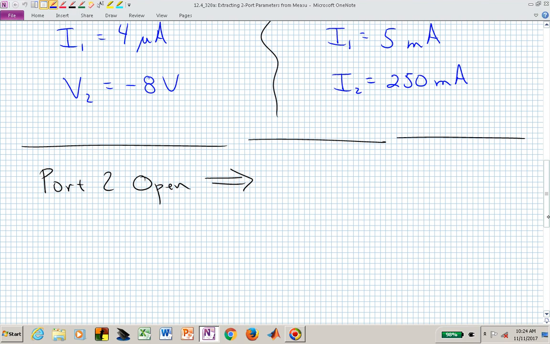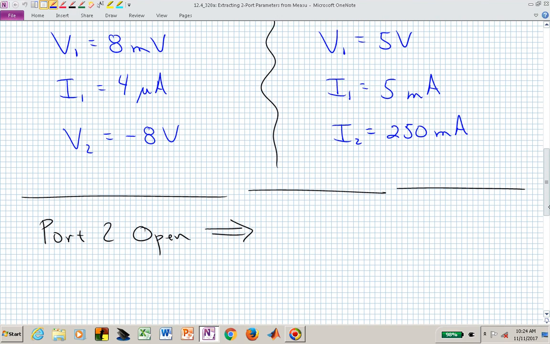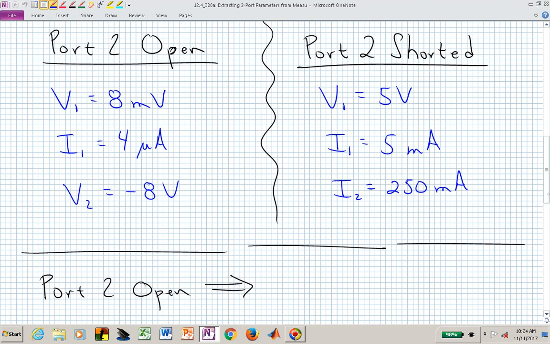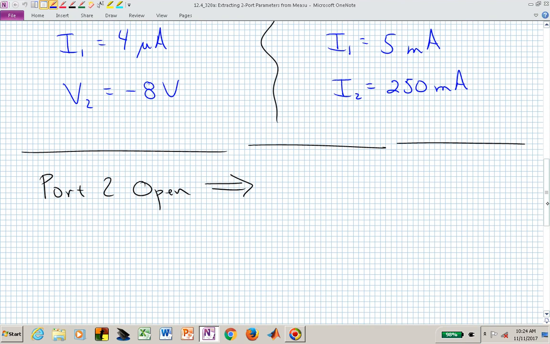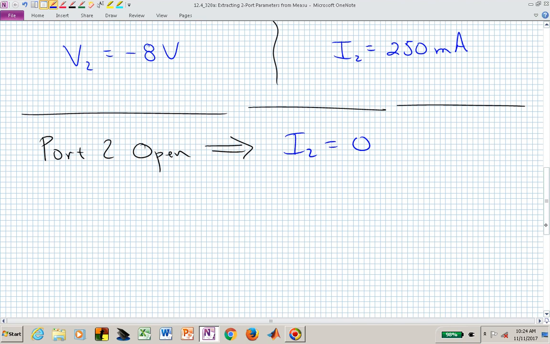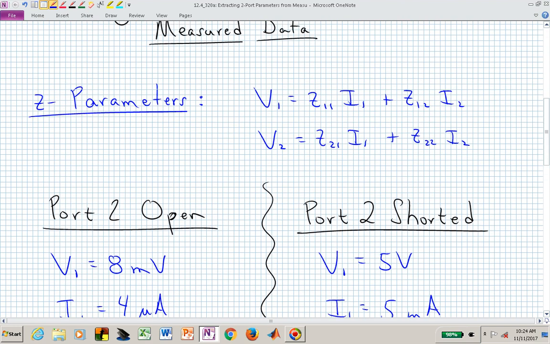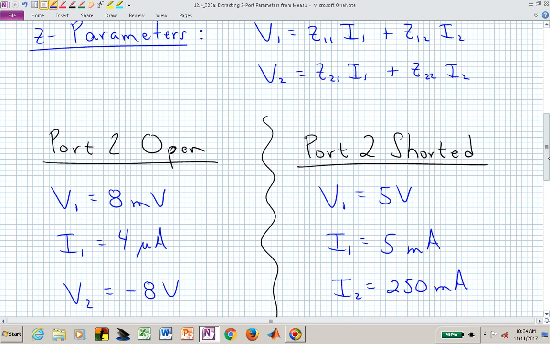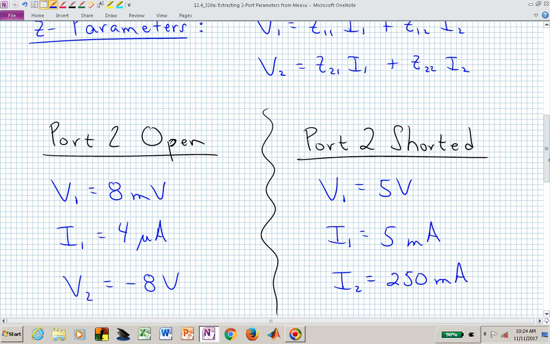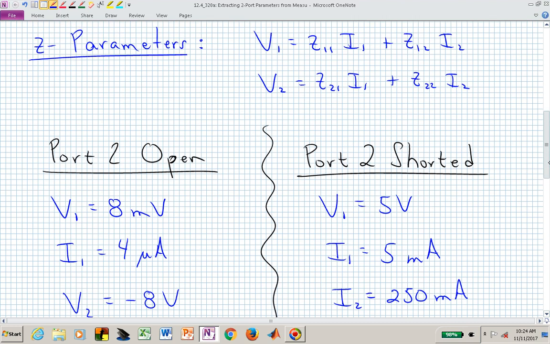Let's now see what we can obtain when we have port 2 open, which is the first set of data that we collected. If port 2 is open, that tells us there's no current flowing in that port, and because of that, what can we do? Well, we can work with these equations with I sub 2 equal to 0 and utilize the measurements we've acquired.